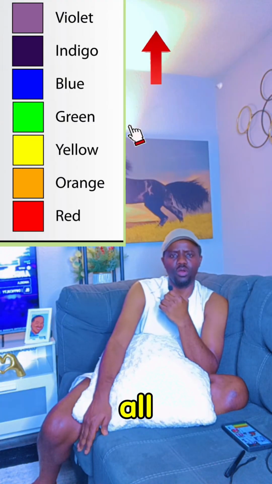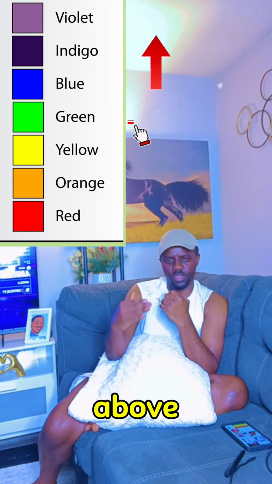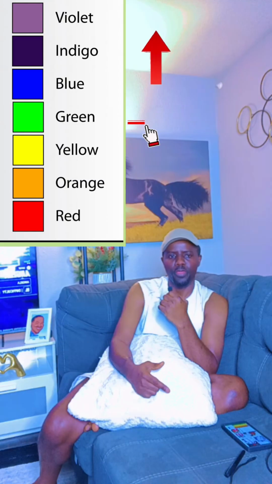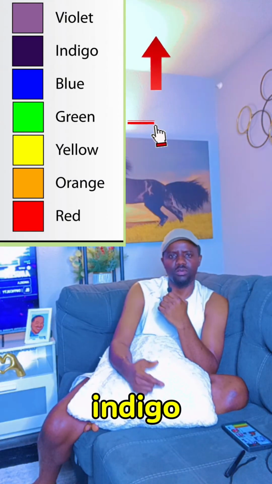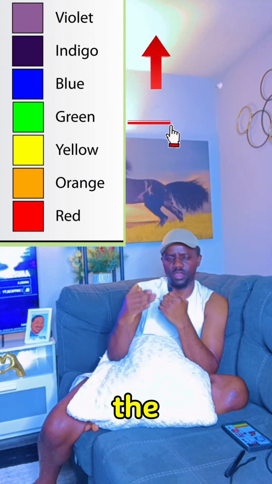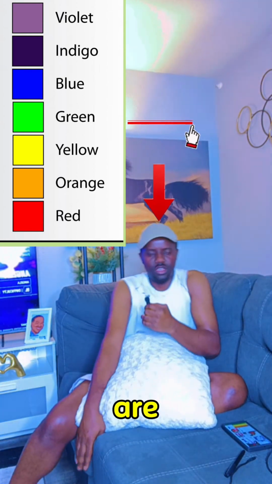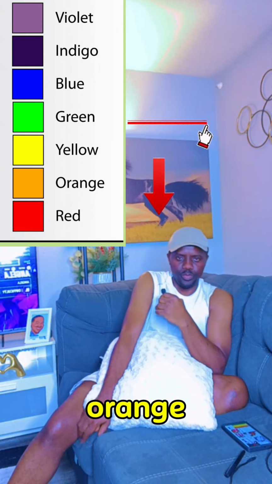Like the blue sky, the violet, and the purple itself, all are colors that are above the earth. All the colors above the earth are usually blue, violet, indigo, and purple. The ones that are below the earth are usually red and orange.